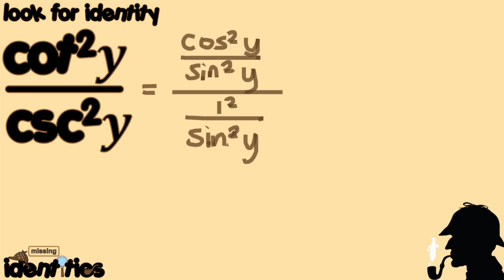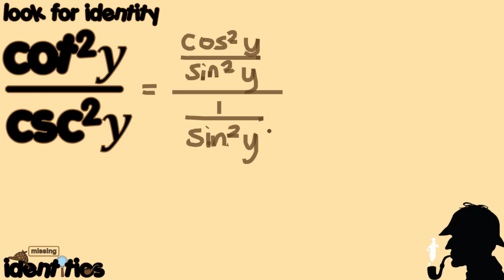But since our numerator is just 1, it stays as 1 because the square of 1 is just 1, and we shall simply add square here. This means that the cosecant squared y is 1 over sine squared of y. So these are just the first steps as we convert the cotangent and cosecant in terms of cosine and sine, and observing the exponent of 2 so that we will not be deviating from the given.